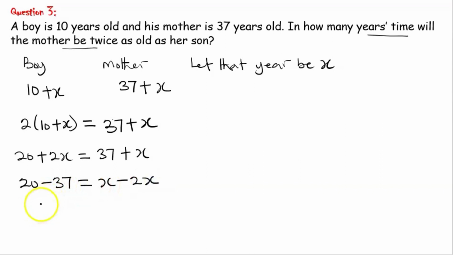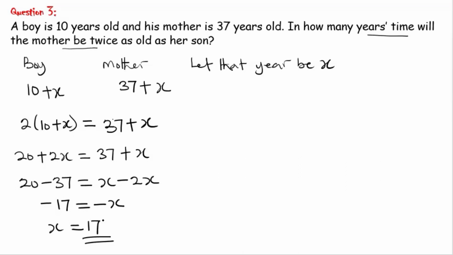So when we do this, we have negative 17 is equal to negative x. So we have that x is equal to 17. So the answer is 17. In other words, in 17 years' time, that's when the mother will be twice as old as the son.